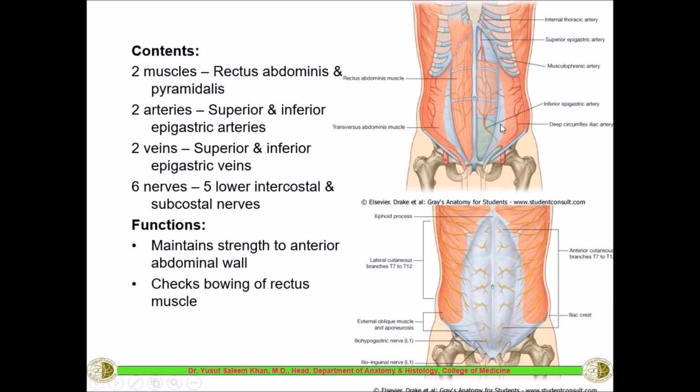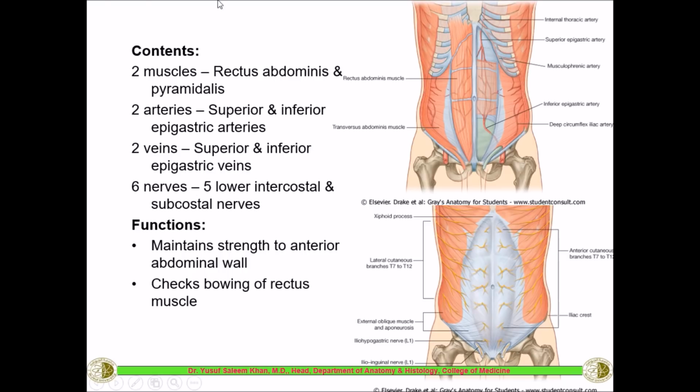Along with this, the main nerves supplying the lower part of the abdomen are the lower 6 thoracic nerves, supplying the rectus abdominis as well as the other muscles. These are the lower 5 intercostal nerves and the subcostal nerve below. So these are the nerves which form the content.